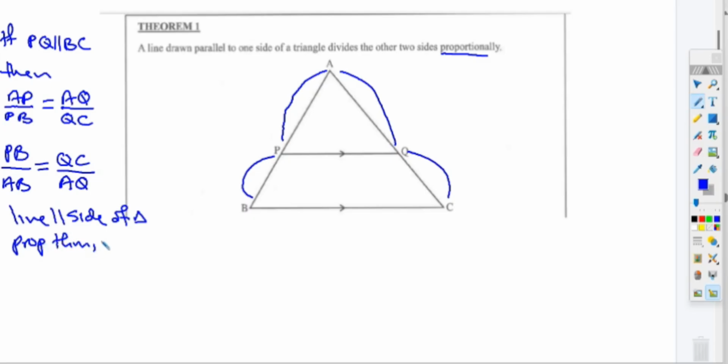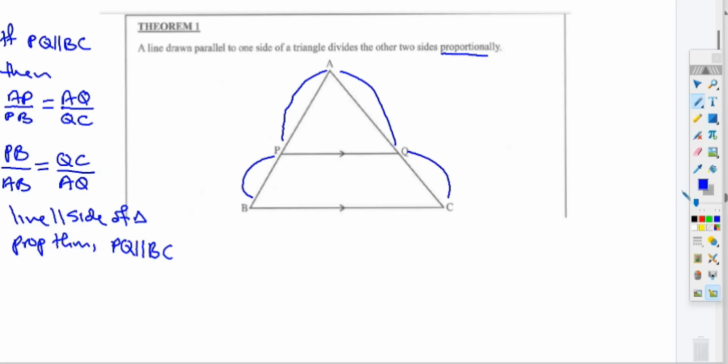But this one now you have to state the lines which are parallel, the lines creating the proportionality. So this is PQ parallel to BC, right?